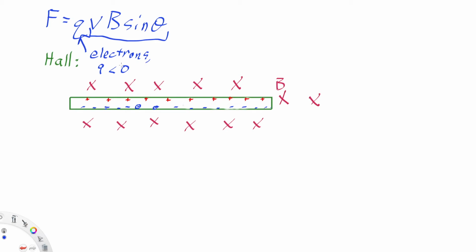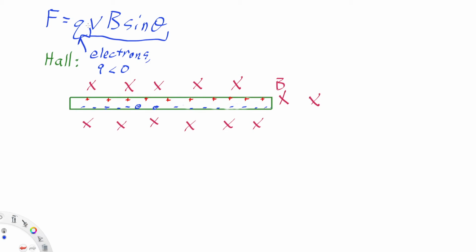Yeah, but that would make it go down, right? It would. So think of it as the right hand rule gives you the direction of VB sine theta, right? And then the presence of a negative sign just reverses that direction. Right? So yeah, it's tricky. Remember, negative signs in physics, all they do is indicate direction.